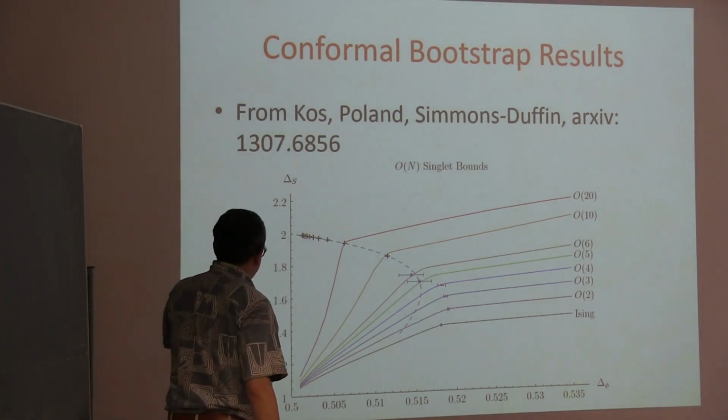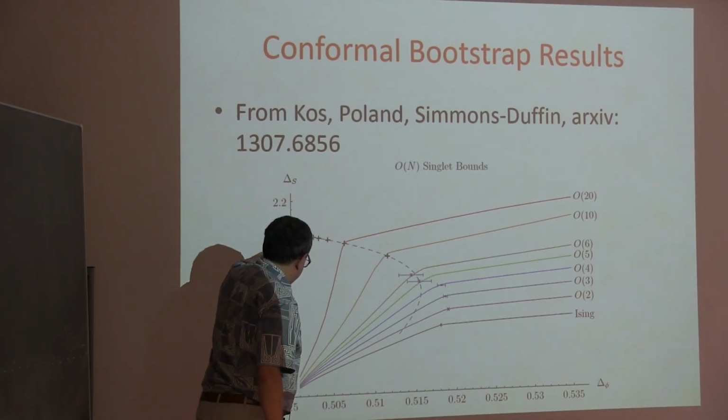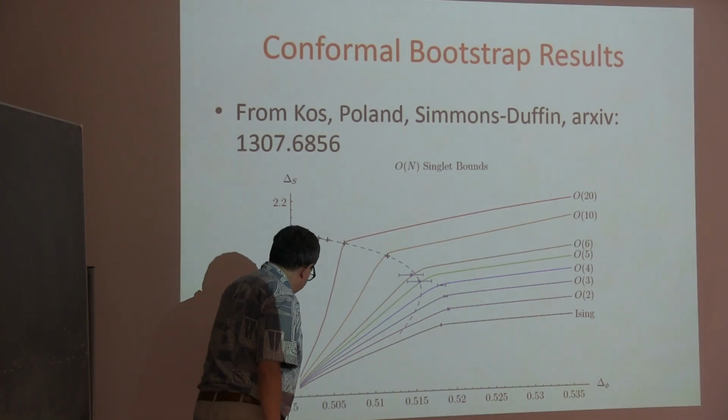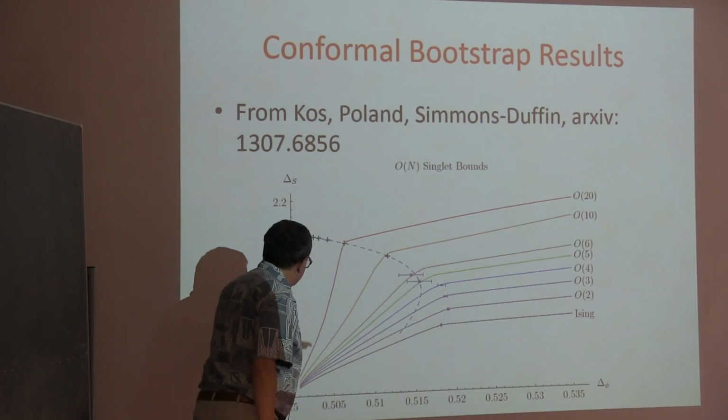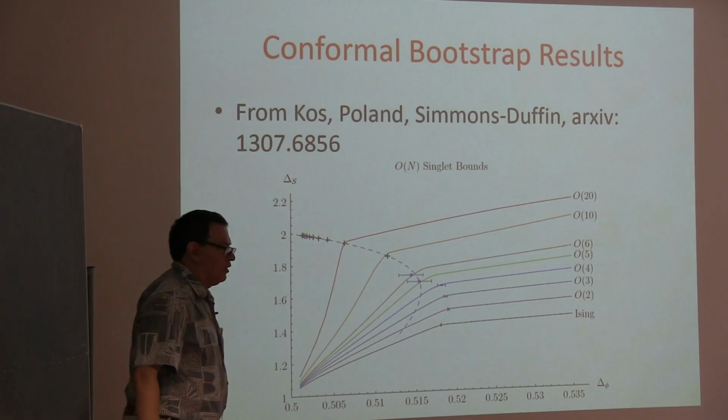In the 1 over n perturbation theory, you see that at large n, the dimension of s approaches 2, and the other dimension approaches 1/2. So you're going to be accumulating near here. And here you see very good agreement with these large n values.